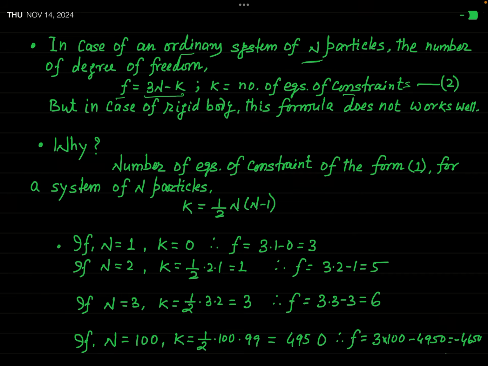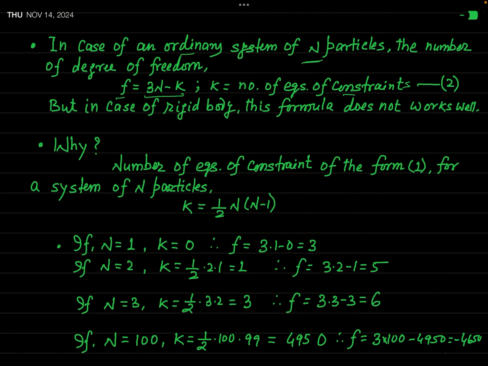So whenever you have to find the number of degrees of freedom of a system containing n particles, you have learned till now that we can find it by utilizing this formula, 3n minus k, where n represents the total number of particles of the system.